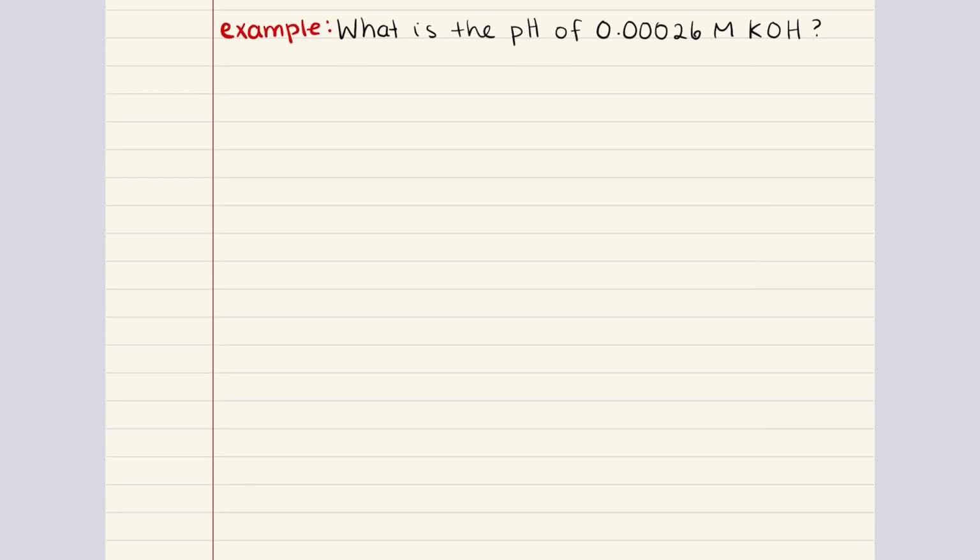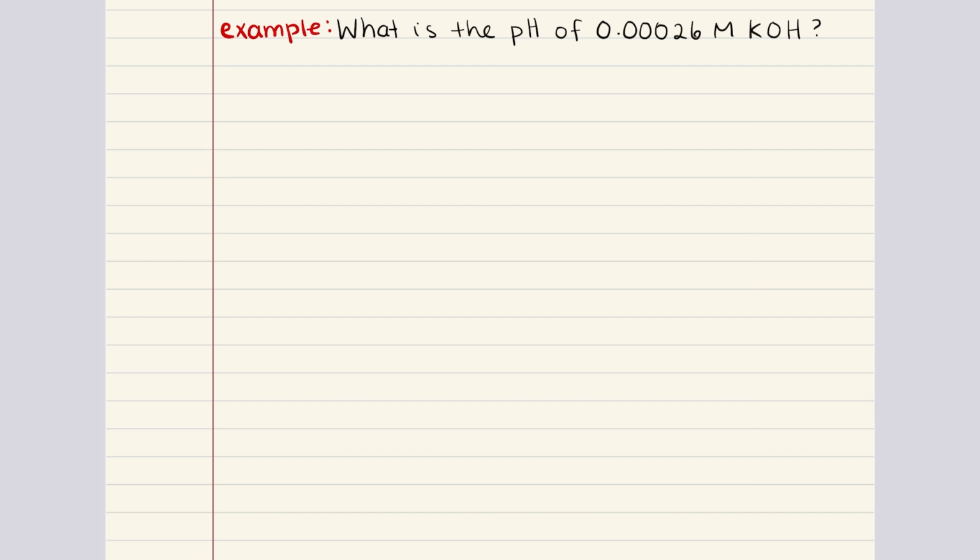This problem says, what is the pH of 0.0026 molar potassium hydroxide? Now, potassium hydroxide, this is a strong base. Let's keep that in the back of our head. Whenever you're asked to determine the pH of a solution, you should focus on the chemistry of the solution. Now, for this question, we know that potassium hydroxide is a strong base, and that means it completely ionizes in aqueous solution.